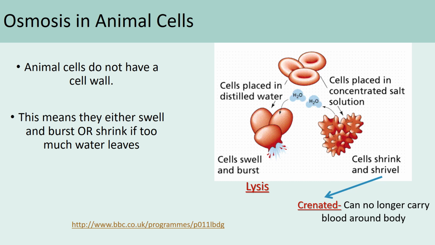Obviously that means that those red blood cells won't be able to function properly, and we call this crenation. So they have been crenated. There is a link to a very exciting graph at the bottom of this that you may want to have a look at, that will go over some of these processes.